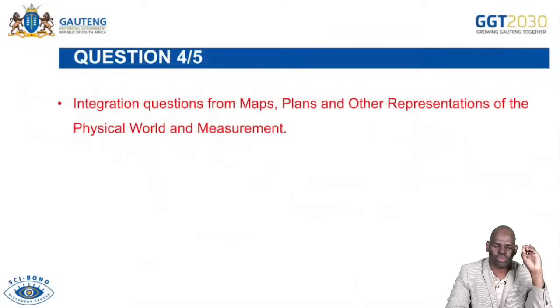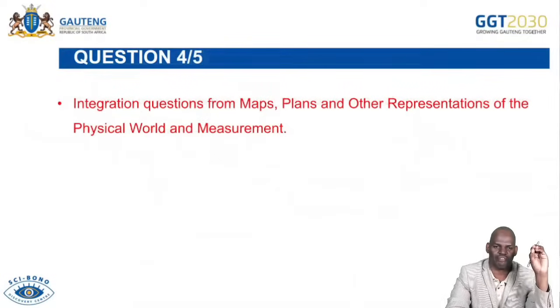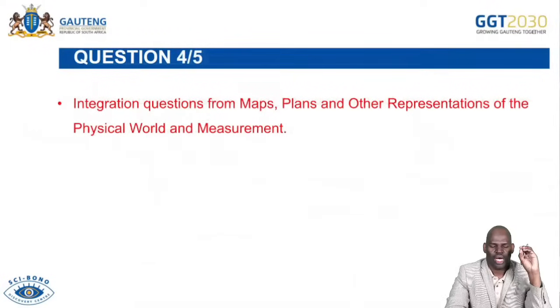And then we said question 2 will consist of maps and plans only. Question 3 will consist of measurement only. Then when you go to question 4, you are going to have a combination of measurement as well as maps and plans. And question 5 will also consist of a combination of measurement as well as maps and plans.